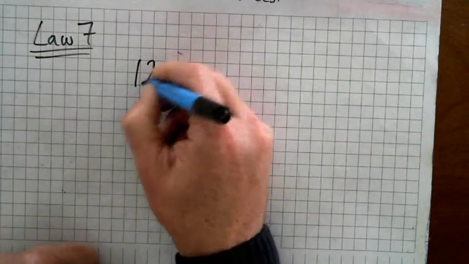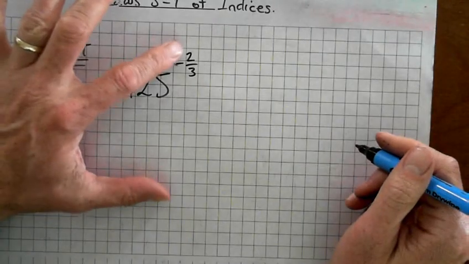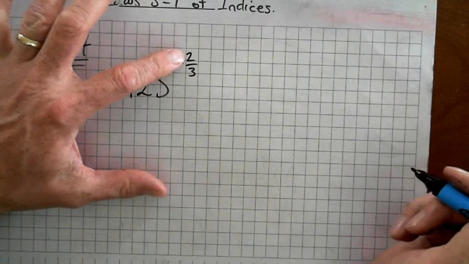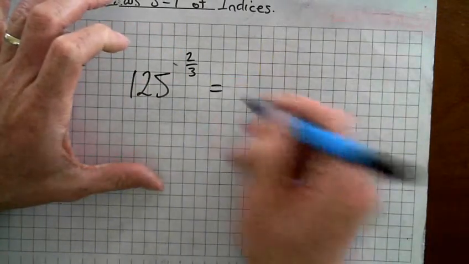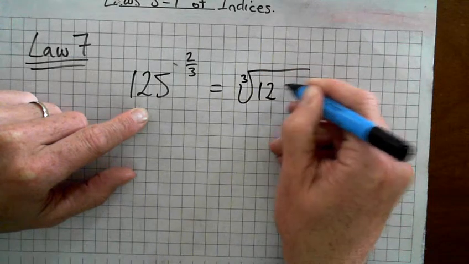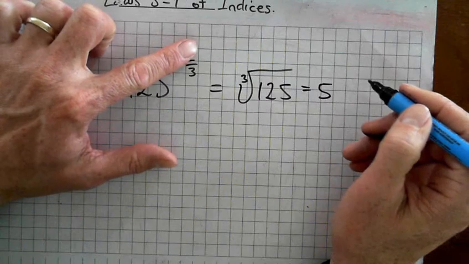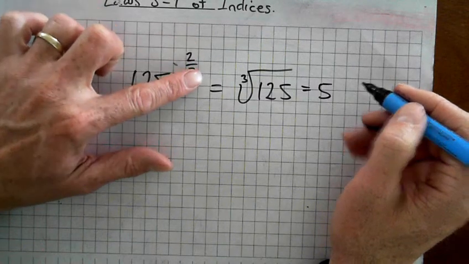Alright. So another example like that. So we'll take 125 to the power of minus 2 over 3. First of all, I'll forget about the minus. I'll work it out. So the third root of 125 is equal to 5. Pretend it's a third. Now square it.